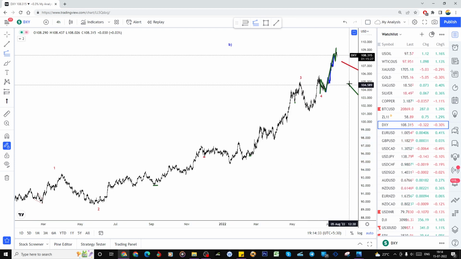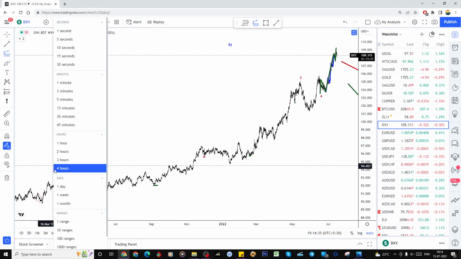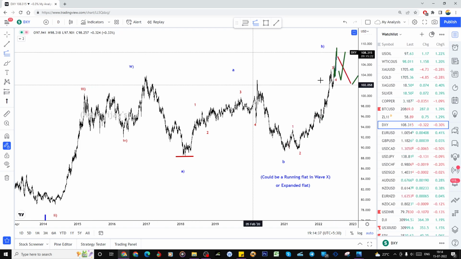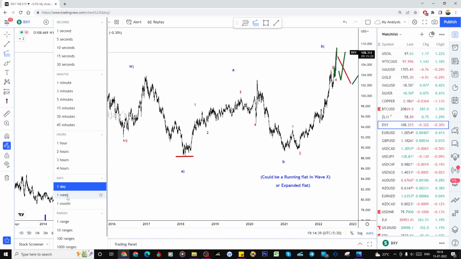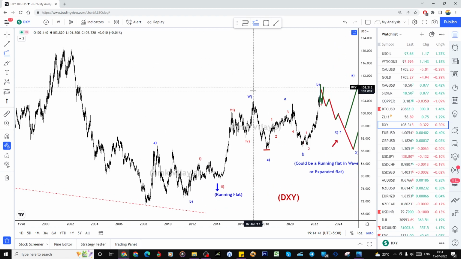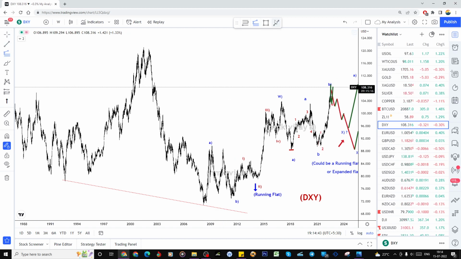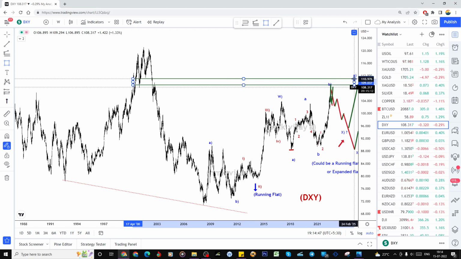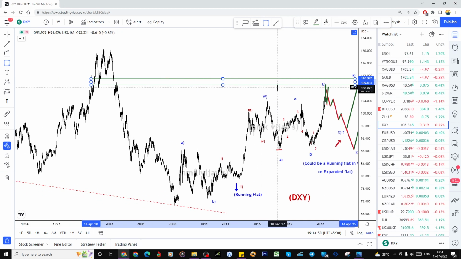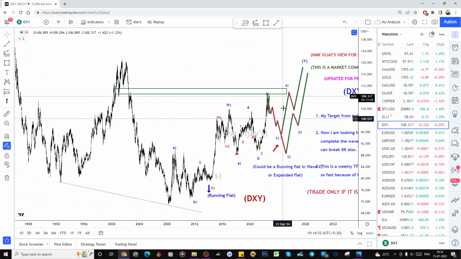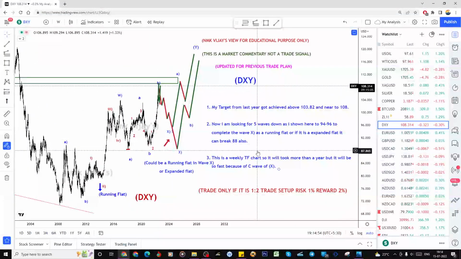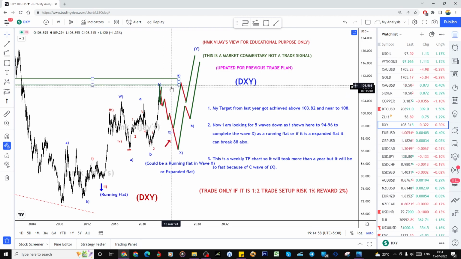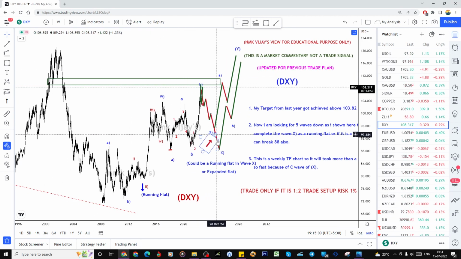And if you look at the daily or weekly chart, I already explained my view is 109 to 110. In the past I have already clearly mentioned that, so this is the achievable target I have explained.